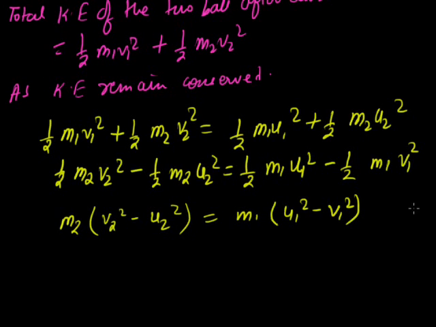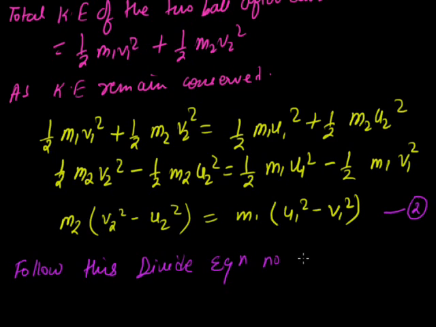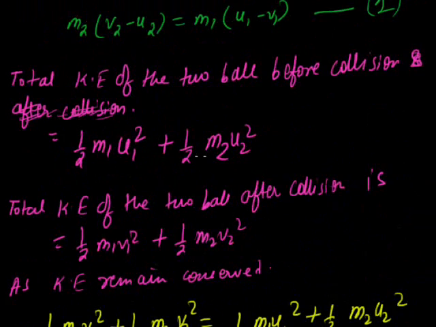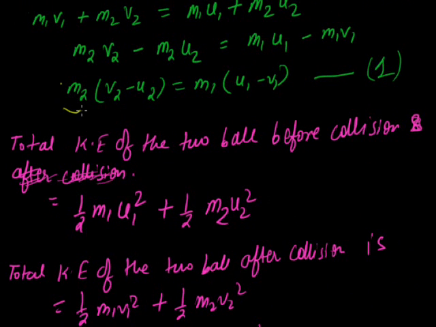We write this equation number 2, and now we have to follow a step, and that is to divide equation number 2 by the first equation. So we write equation 2: m2 into (v2 square minus u2 square) equals m1 into (u1 square minus v1 square), and this is our equation number first.